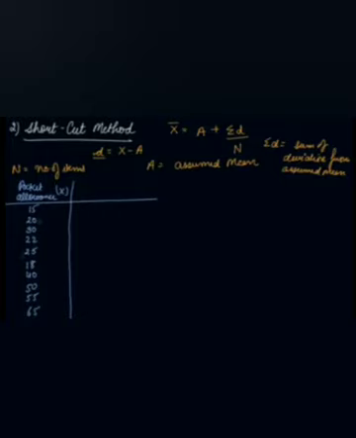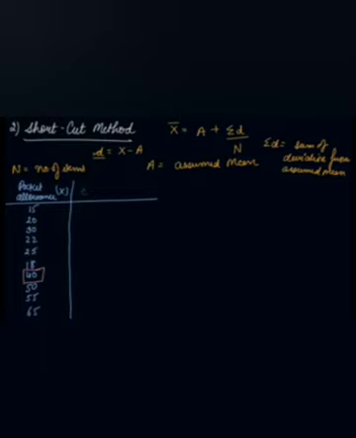Try to choose the middle number or a number ending with 0, because it is very easy to subtract, say, 20 from 15. There is no exact middle value, but we can choose one near the middle. Since I told you to choose a value with 0 at the end, we can take 40 in this case. You have to choose the assumed mean from the series only. So let's say the assumed mean is 40.